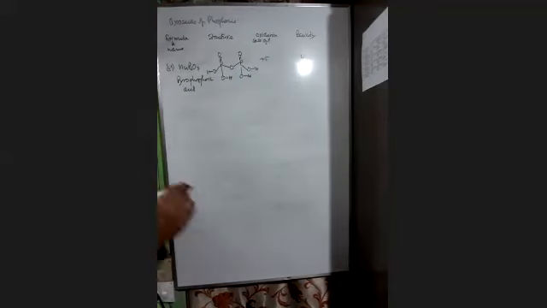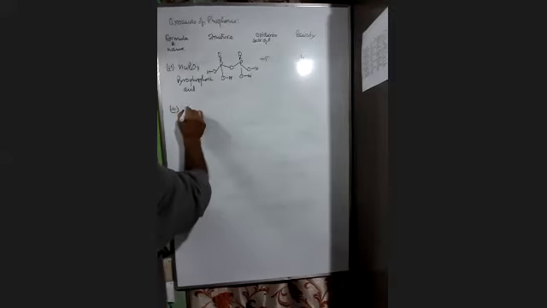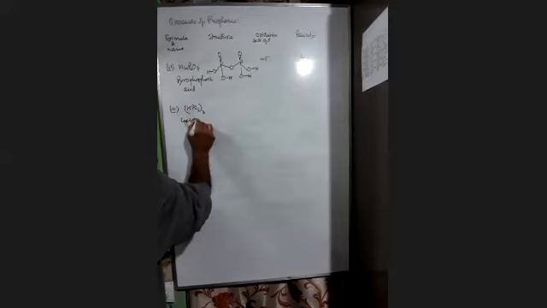Okay. Now we'll have a separate category of phosphoric acids, which are called polymeric phosphoric acids. Polymeric means where you join more than 2. Okay. So cyclotrimetaphosphoric acid.